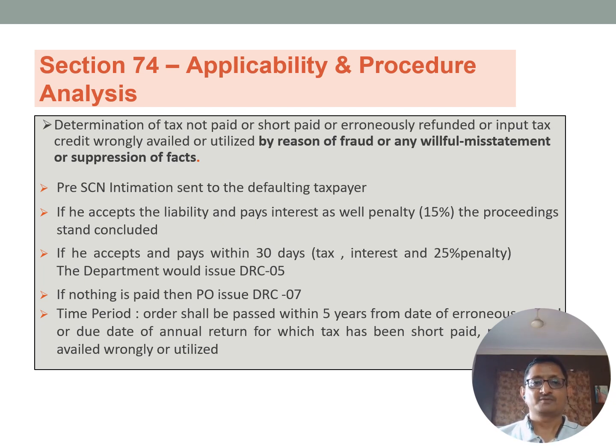In this case also there will be 4 scenarios: tax not paid, tax short paid or erroneously refunded, or input tax credit wrongly availed and utilized. The reason may be fraud, willful misstatement or suppression of fact. Under this scenario, a Section 74 GST show-cause notice will be issued.